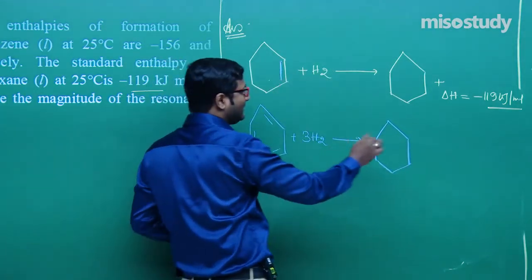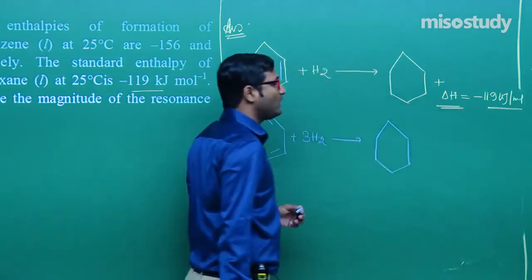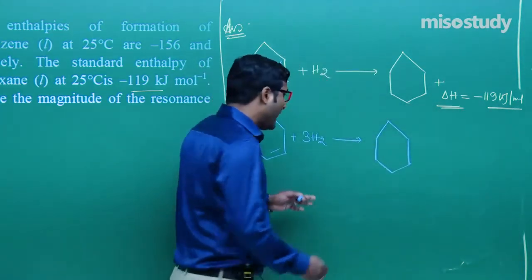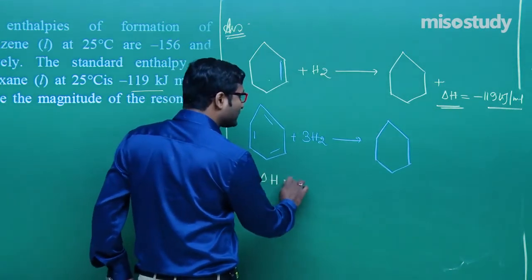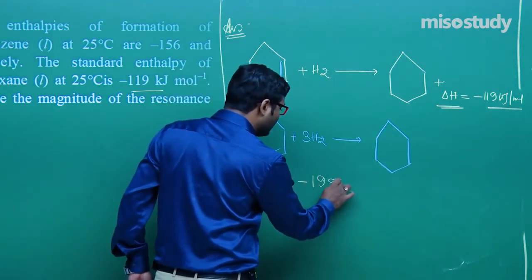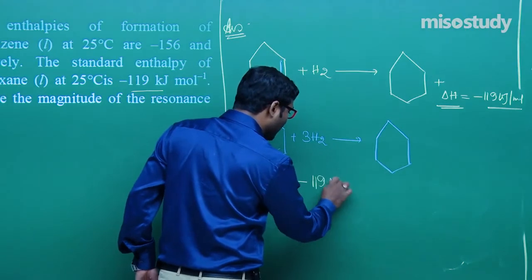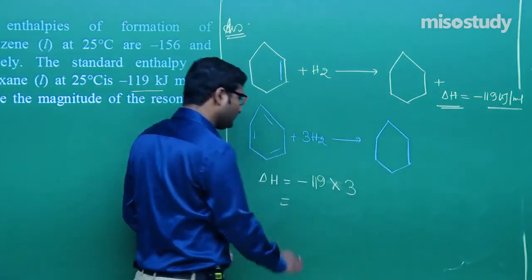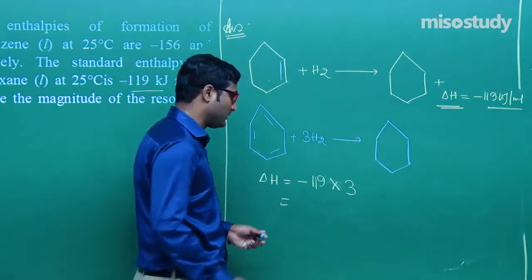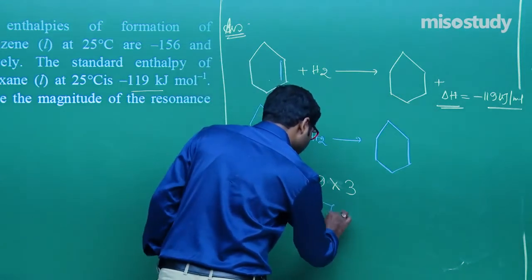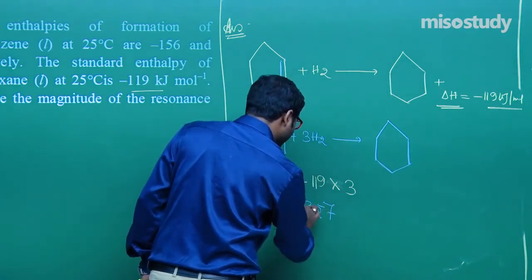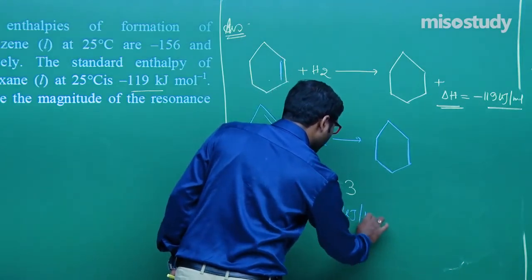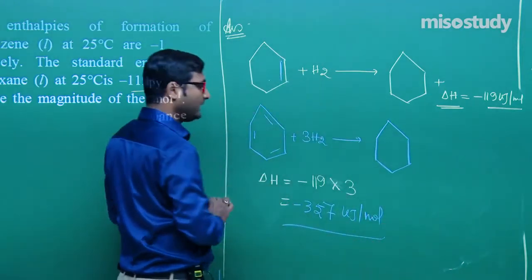For 1, the delta H is minus 119 kilojoule per mole, and for 3, delta H for this reaction is equal to minus 119 multiplied by 3. Am I right? Yes, sir, you are right. The value is minus 357 kilojoule per mole.